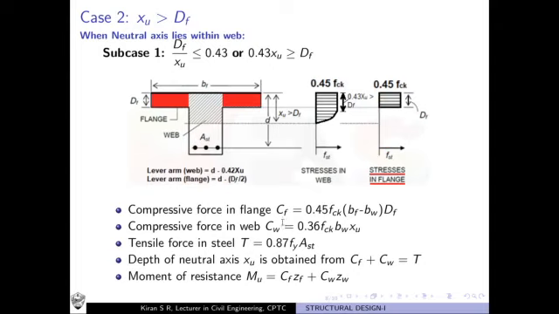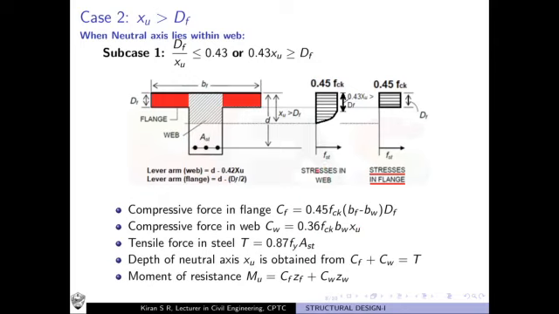So just multiply the compressive force at the level of flange with the lever arm for flange, d minus df by 2. That will give you the moment resisted by the flange, and separately you have to find the moment resisted by the web. That also is the compressive force at the level of web into lever arm for web.